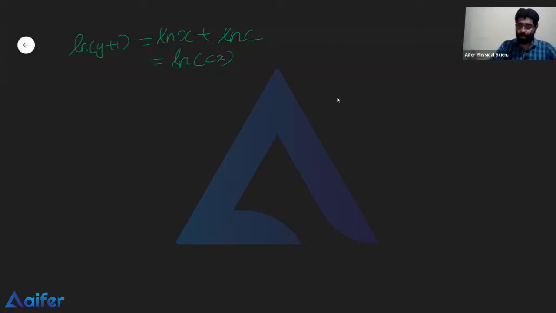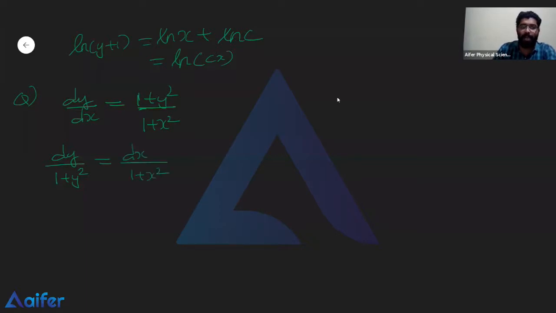Question: dy by dx equal to 1 plus y square divided by 1 plus x square. So if you see here, I am bringing dy divided by 1 plus y square here, and dx by 1 plus x square. Now these variables are separated, just integration.